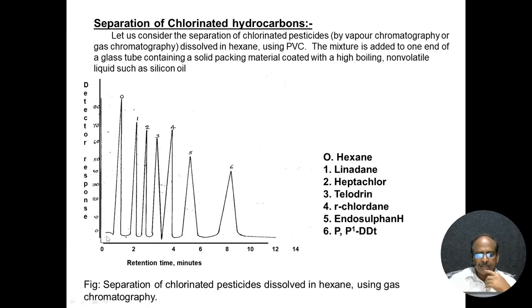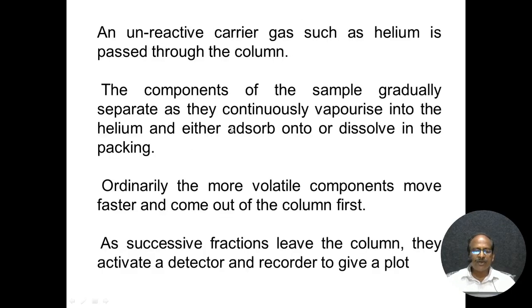The first peak is hexane, then lindane, the second is heptachlor, the third is aldrin, the fourth is heptachlor epoxide, then endosulfan, and the sixth is p,p'-DDT. This is the separation of chlorinated pesticides dissolved in hexane. Hexane is used as the solvent, and the chlorinated pesticides are separated by this gas chromatographic technique.